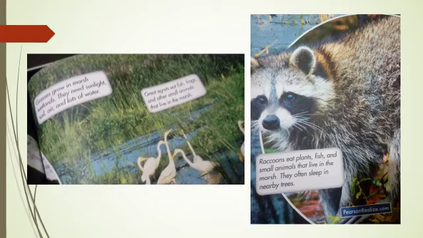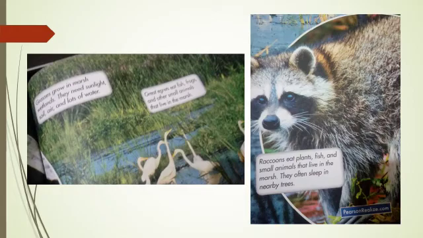The last picture, raccoons. What is a raccoon? It is a mammal. Very good. It has fur or hair. Excellent. Read the caption about raccoons. Raccoons eat plants, fish, and small animals that live in the marsh.